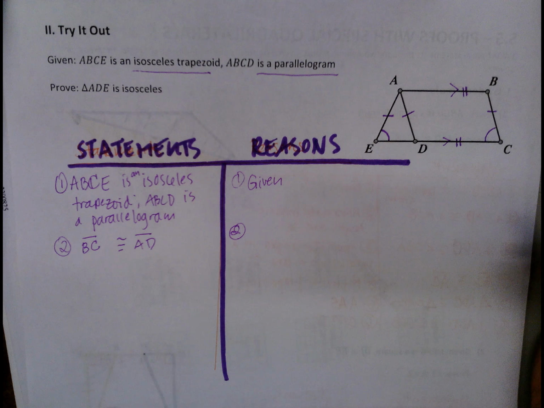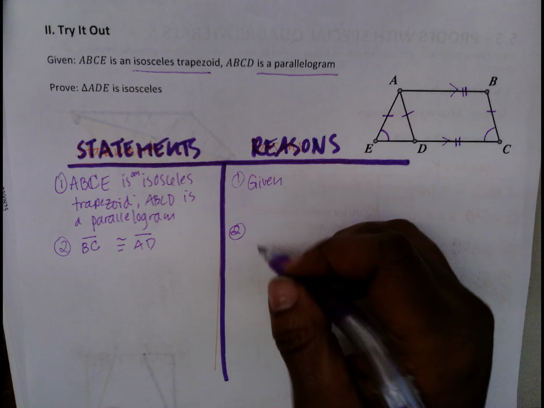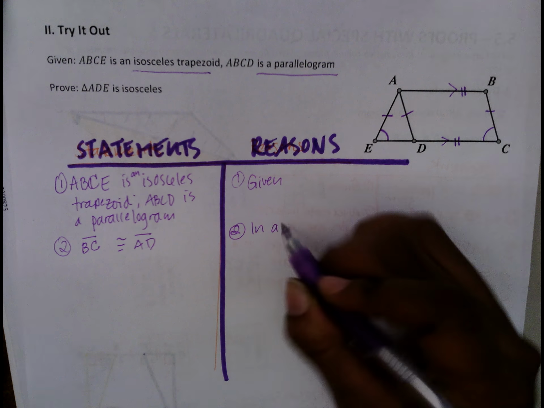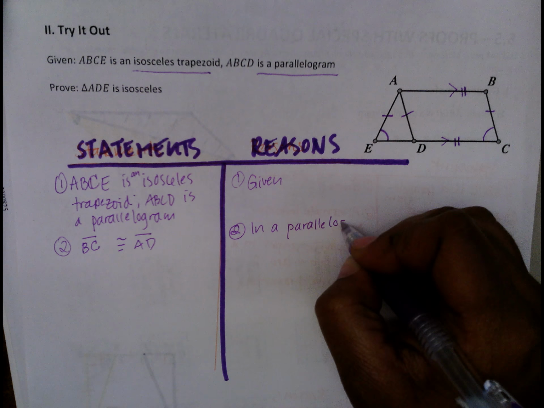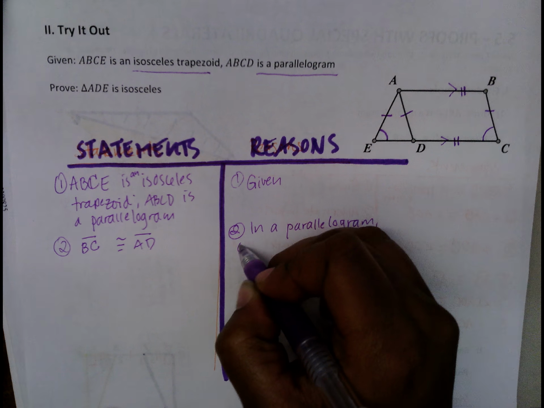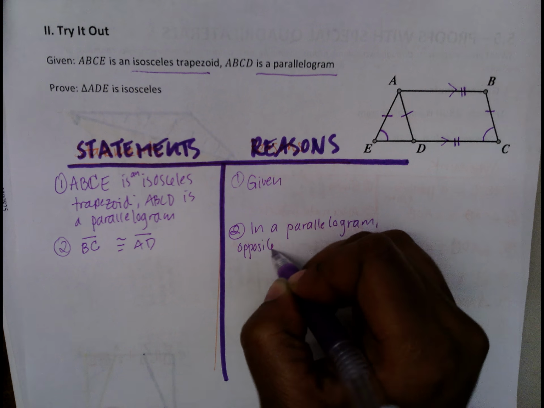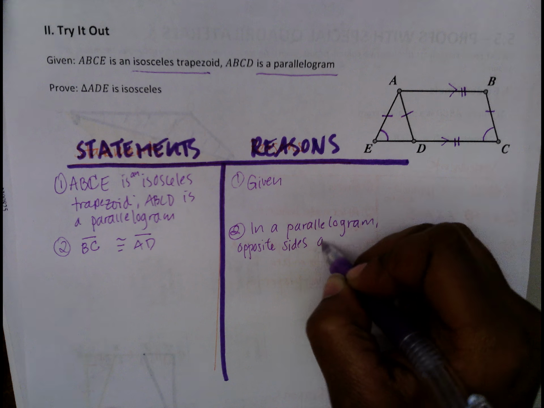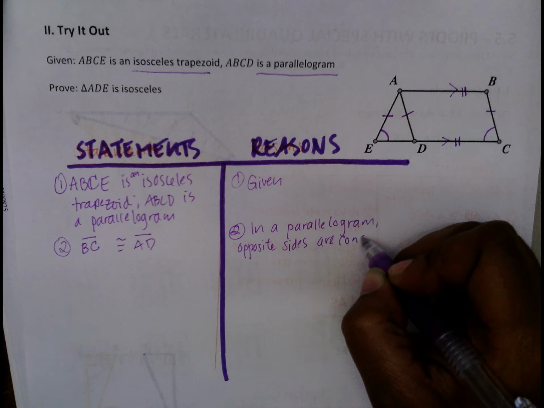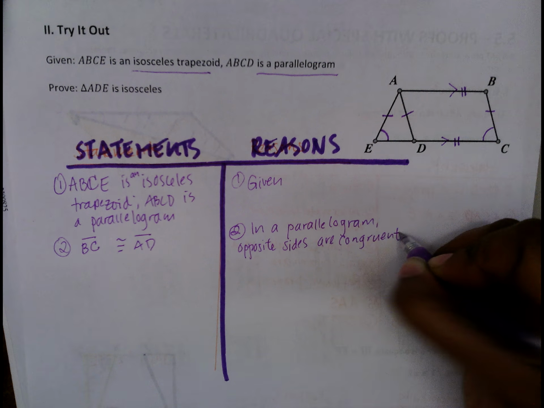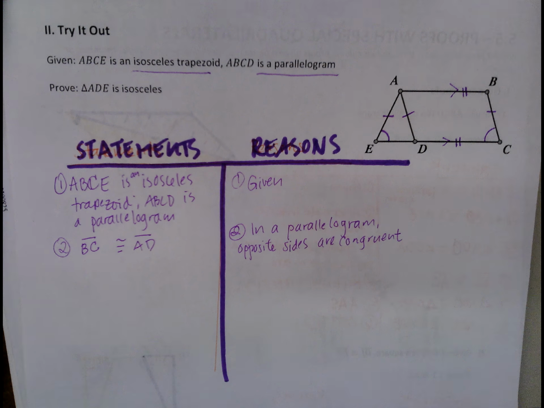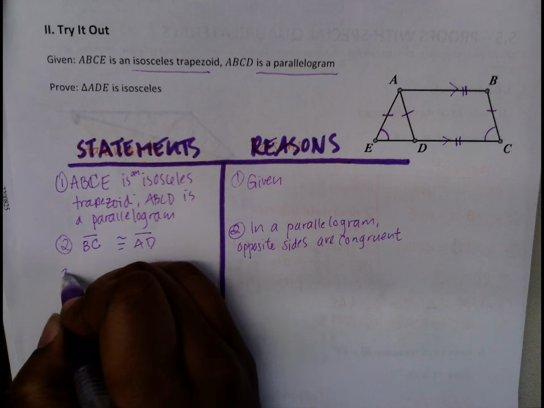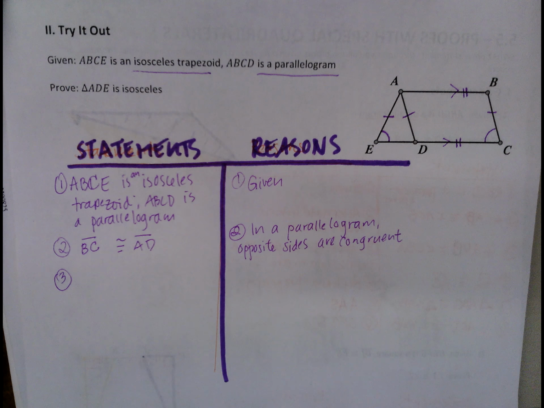And why is that true? BC is congruent to side AD. Why? Because in a parallelogram, opposite sides are congruent. Okay, so BC is congruent to AD. All right, so if that's the case, then what's the next statement I'm making?